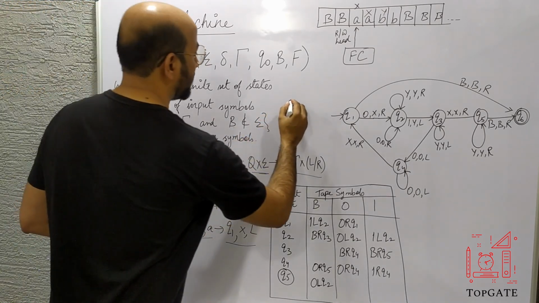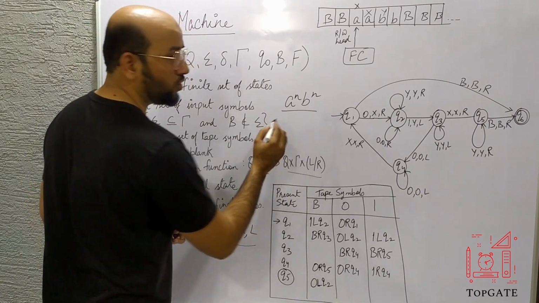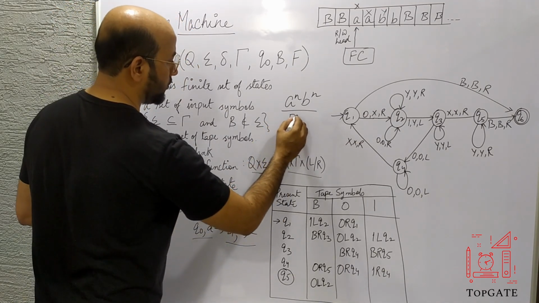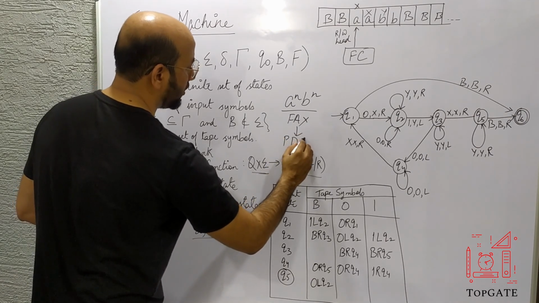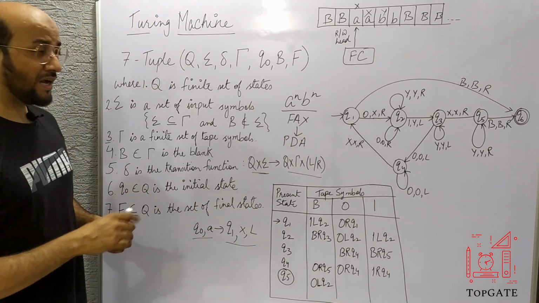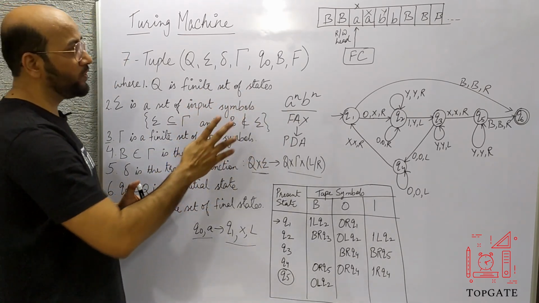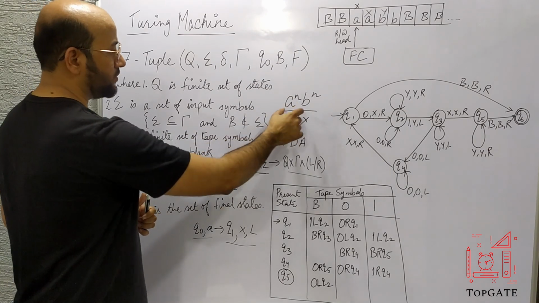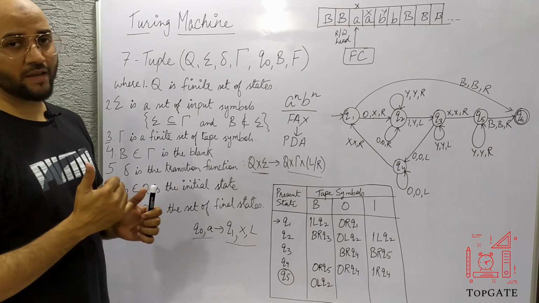For the language A to the power n, B to the power n, the finite automata was not able to recognize this kind of string. So we got another machine called PDA, which is a combination of finite automata plus a stack. In that one we are able to compare A and B with the help of the stack.